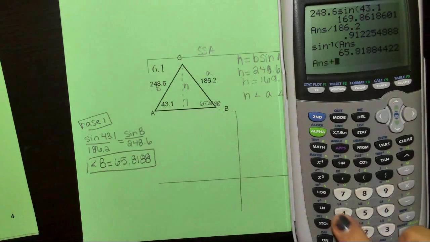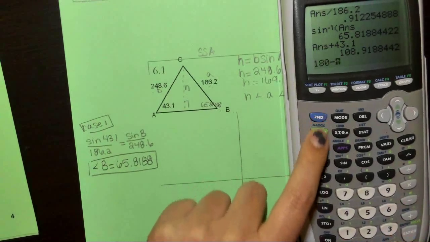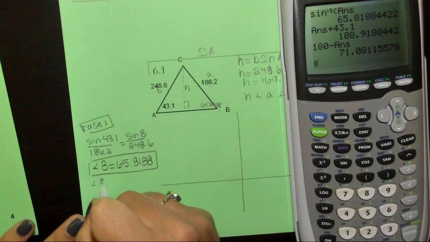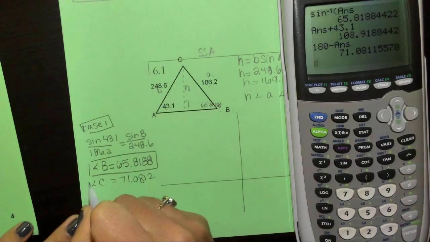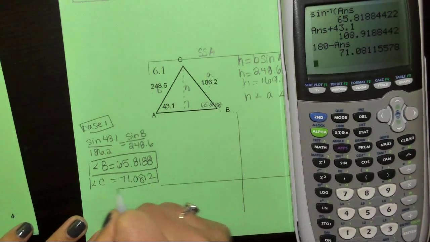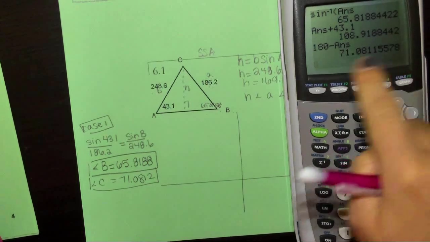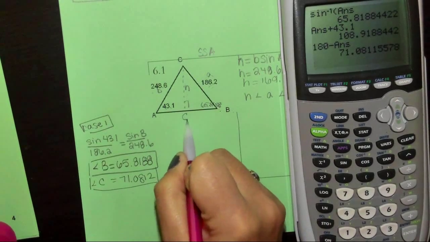Okay, if I add 43.1 to that, and take 180 and take away that answer, that will give me angle C. Now I'm going to store that value, 71.08115578, because I need to use it in order to solve for this missing side C here.